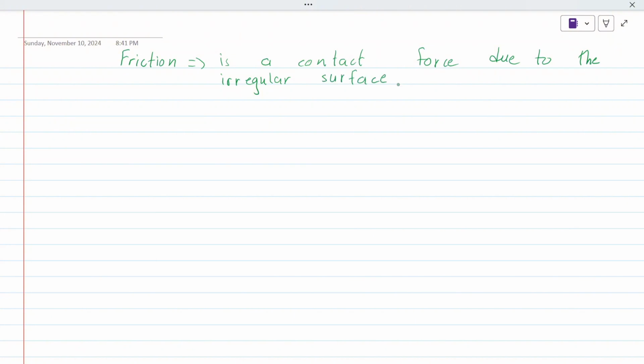Okay. There are two types of friction, majorly. One is static friction. The other is dynamic friction. Okay.